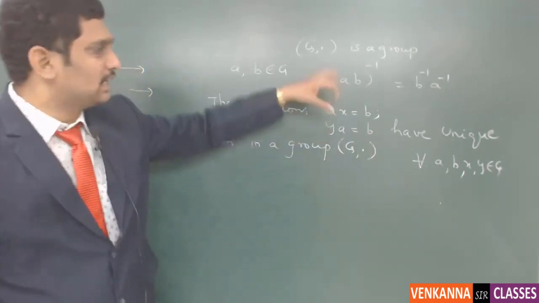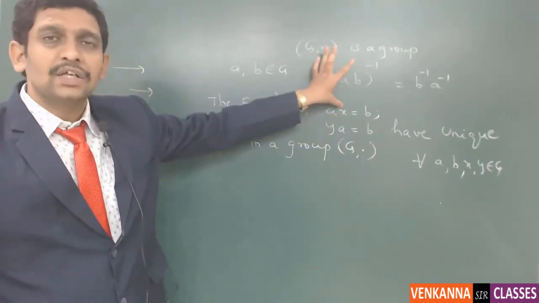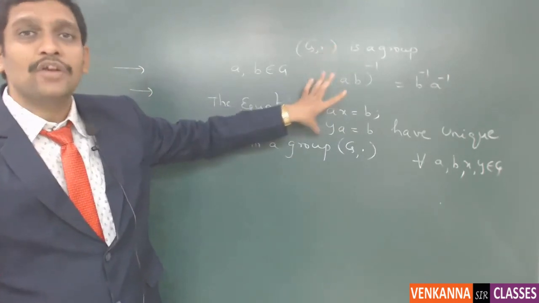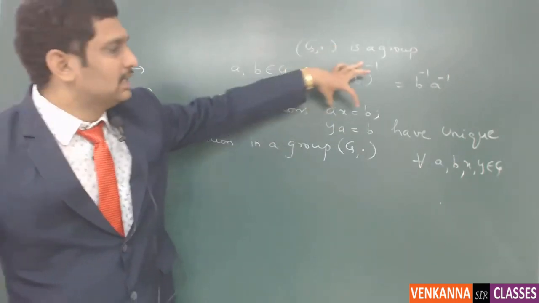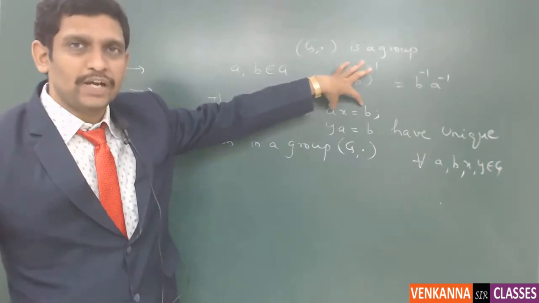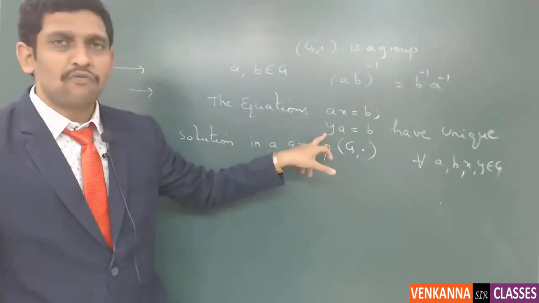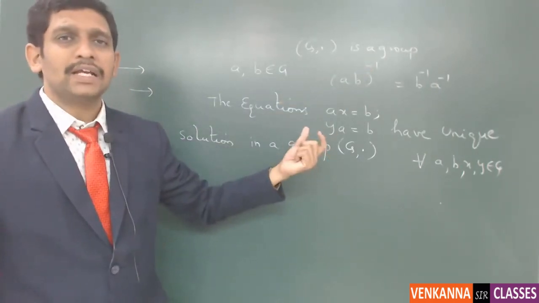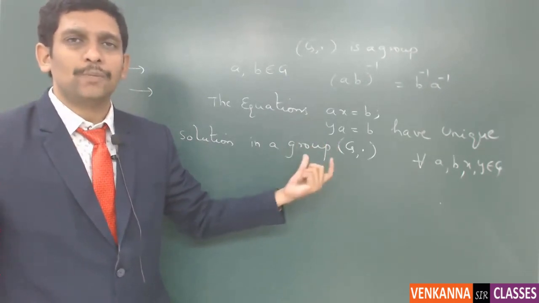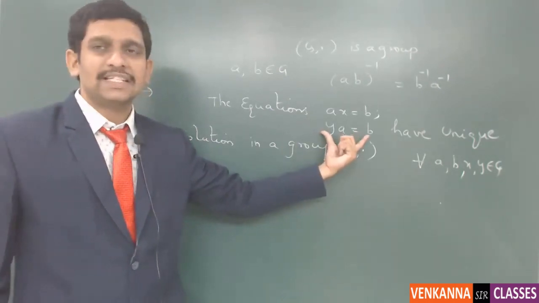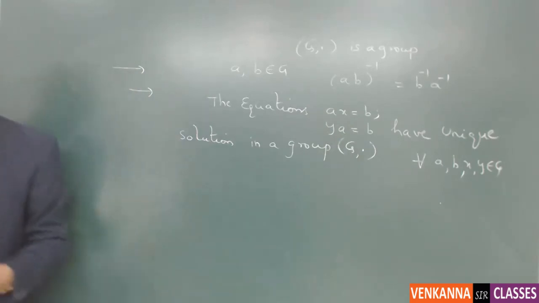It means that in place of x, we can find a value in the group so that the equation gets satisfied, and in place of y, you can find a unique value in the group so that the equation gets satisfied. Okay?